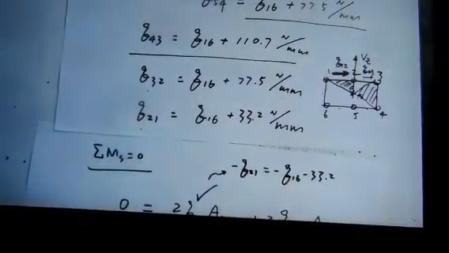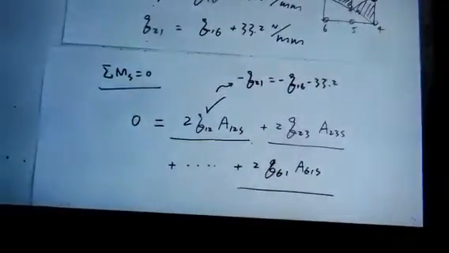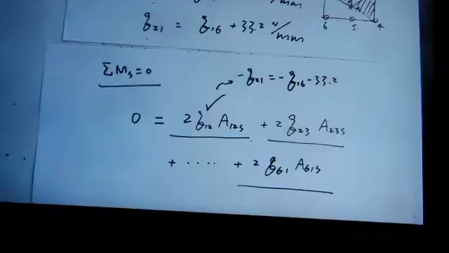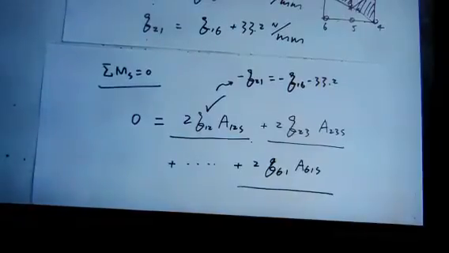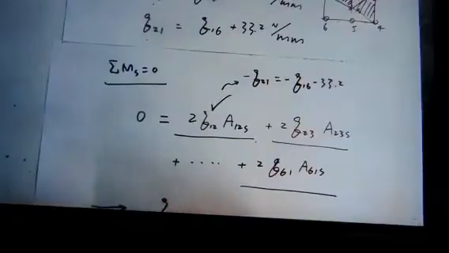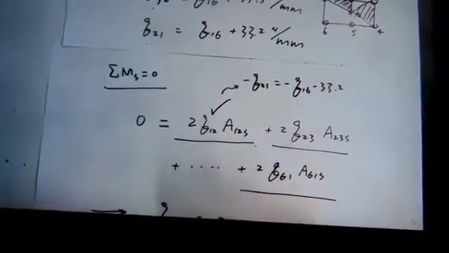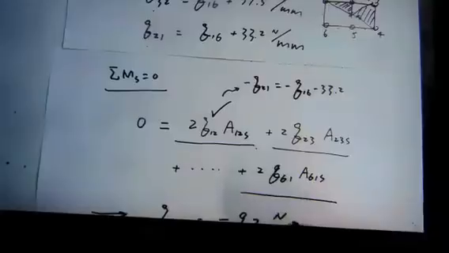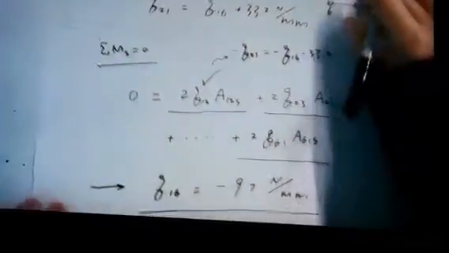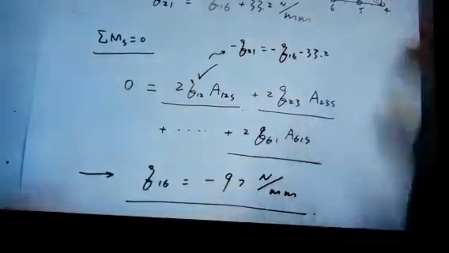There's only one unknown on the right because we are going to write everything in terms of Q16. The area you can calculate, so only one unknown, one equation. From this equation you can derive Q16 equals negative 97 millimeter. Only one equation, and you only have one unknown.